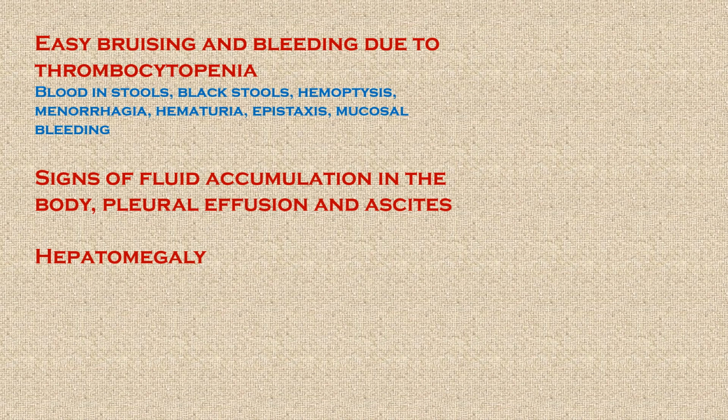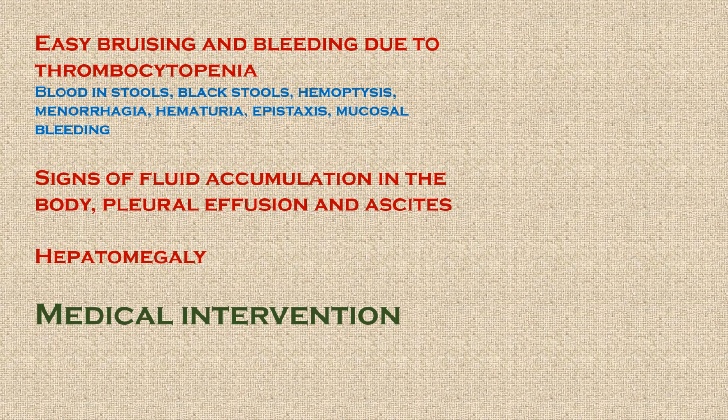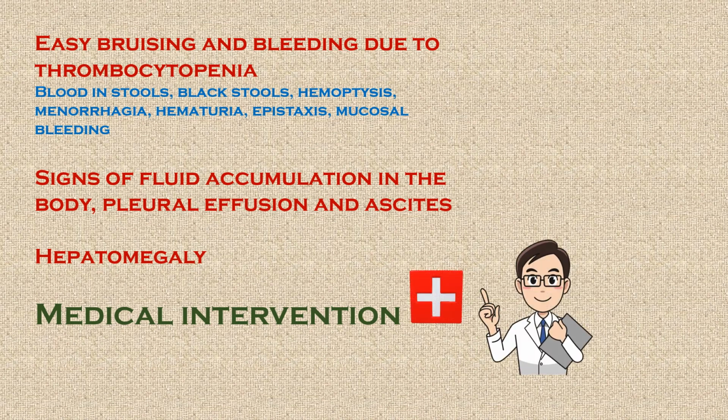Hepatomegaly or liver enlargement is another sign noted during critical illness, which may be due to direct effects of virus or host immune response on liver cells, circulatory compromise, metabolic acidosis, or hypoxia caused by hypotension or localized vascular leakage inside the liver. Such cases need prompt medical intervention and proper therapeutic management as early as possible.